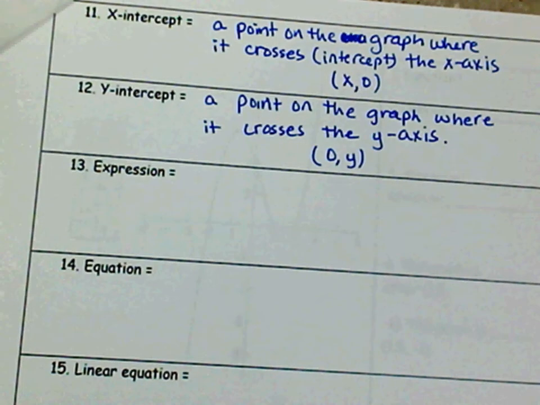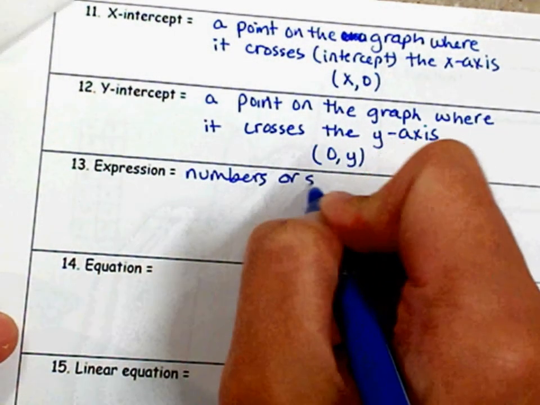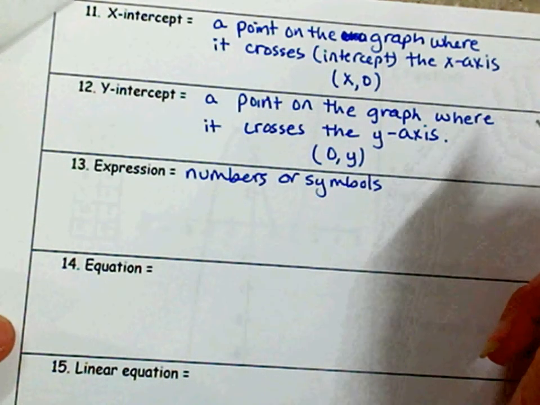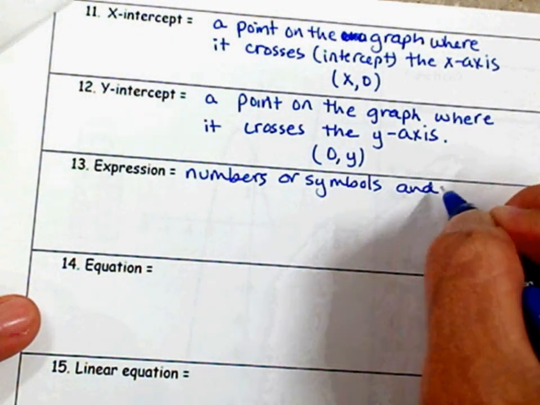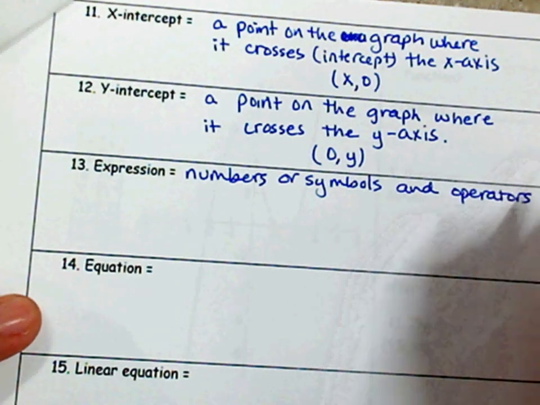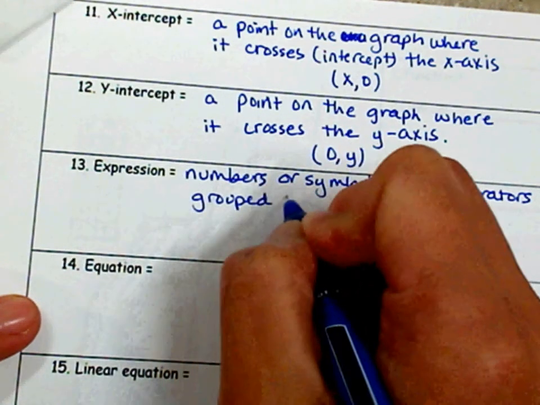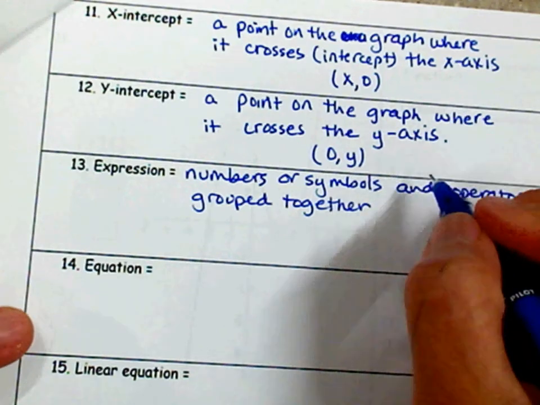So a definition of an expression: an expression is numbers or symbols, sometimes a variable, and sometimes operators, add, subtract, multiply, or divide, grouped together to show the value.